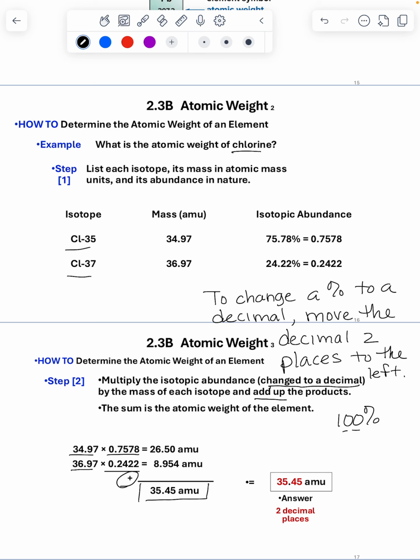You open a parentheses and type 34.97 times 0.7578, close the parentheses, plus, open another parentheses, 36.97 times 0.2422, close the parentheses, and hit enter. That way you're least likely to make mistakes if you put it all in at one time. Don't forget to round to the correct number of decimal places.